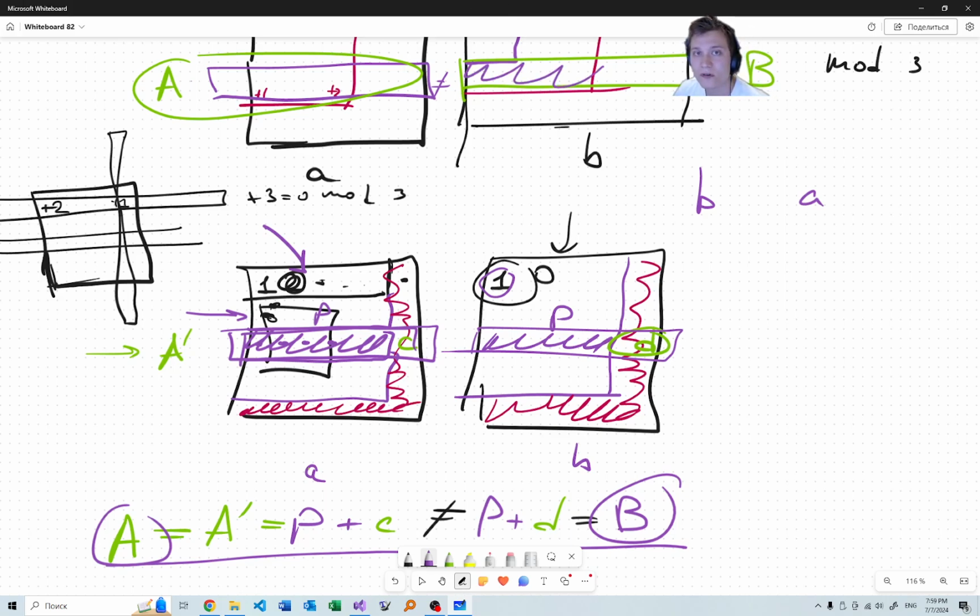But in this row, from the beginning, the sum was not same as here. This means that since they were different from the beginning, you will never be able to get B from A.